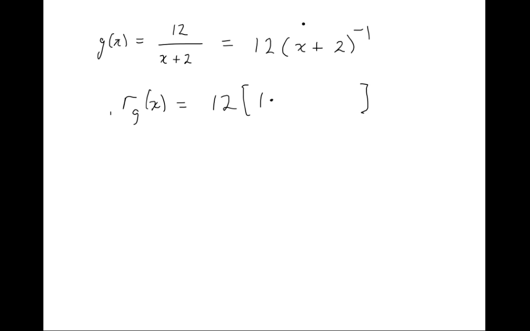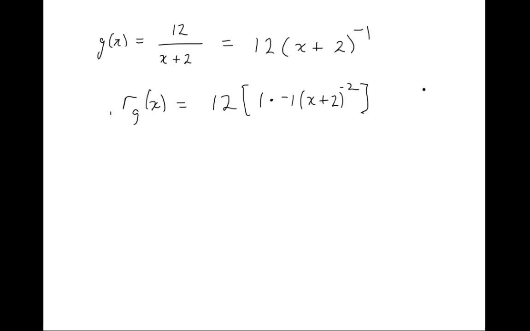Times the rate of change of the exterior function with respect to the interior function. That exterior function is to the -1, so it's going to be times -1 times x plus 2 to the -2. So that's applying our chain rule, and that would be an inside-out approach, but outside-in would be just as legitimate because multiplication is commutative.